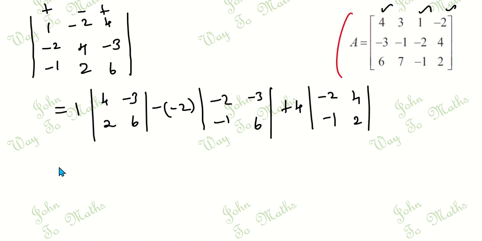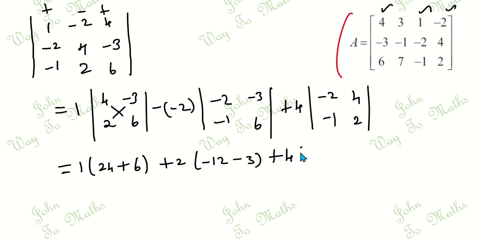So the determinant value becomes 1 of, so first diagonal minus second diagonal, 6 fours are 24 minus 2 threes are 6, minus 6 becomes plus 6, minus minus becomes plus 2 of, minus 2 into 6 becomes minus 12, then minus of, minus 1 into minus 3 becomes plus 3, plus 4 of, first diagonal minus second diagonal, minus 2 into 2 becomes minus 4, minus of, minus 1 into 4 becomes minus 4, we get plus 4.